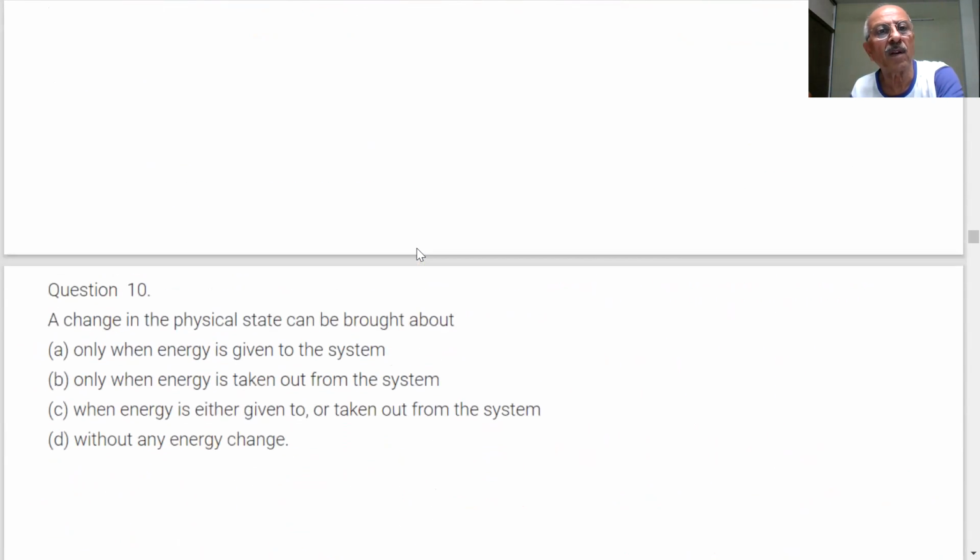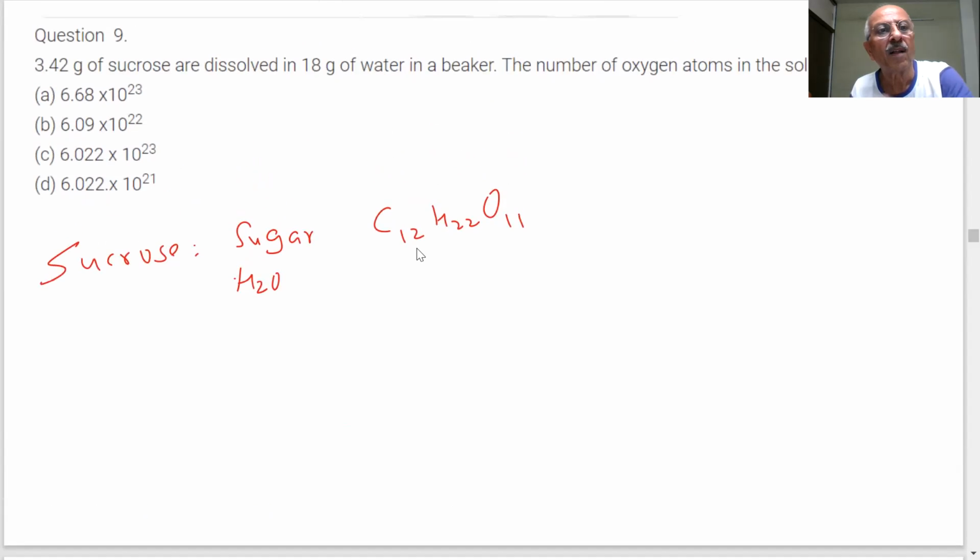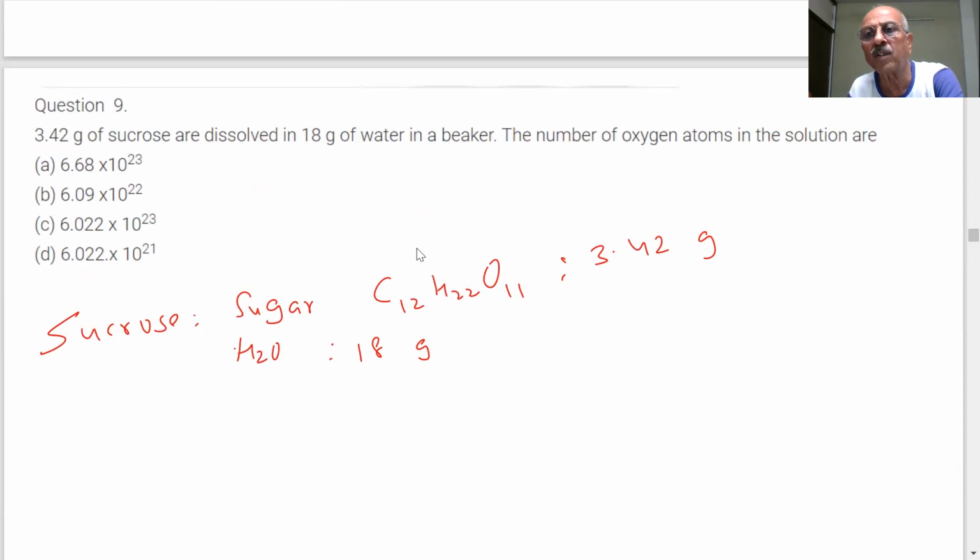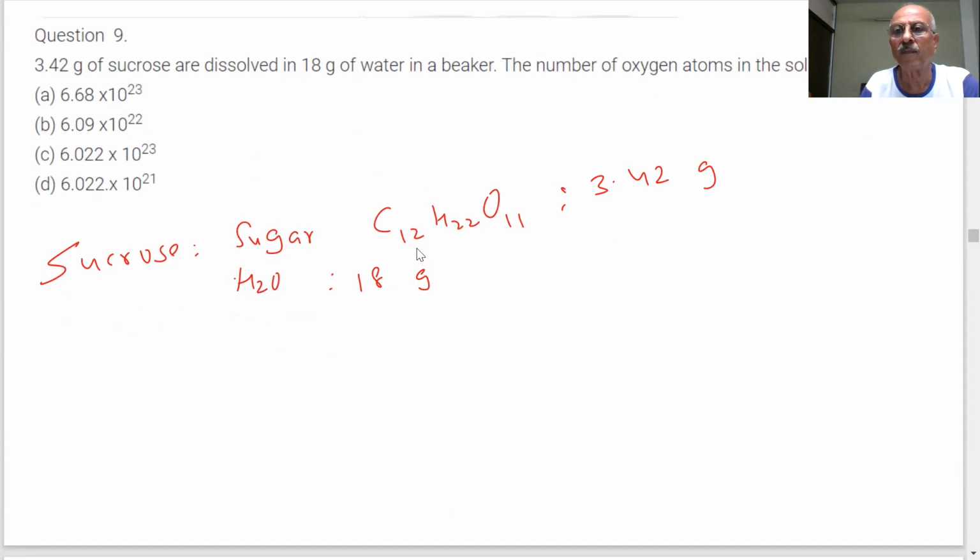What is the question then? You have 3.42 gram of sucrose and 18 grams of water. The number of oxygen atoms in the solution. What answer will we give, students?